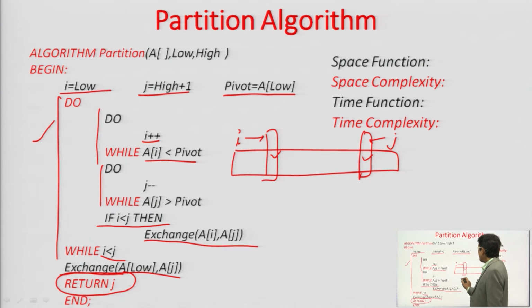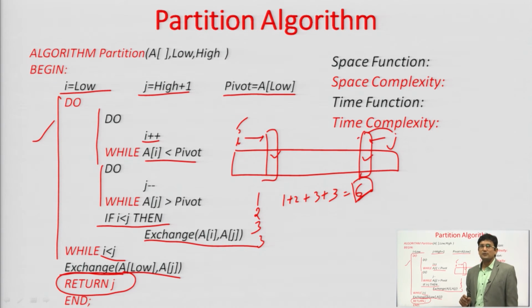It means increment of i is one operation, decrement of j is the second operation, comparison between i and j is the third operation, after which we will be exchanging these two elements, which will require 3 statements. So, 1 plus 2 plus 3 and 3 statements for exchange. So, a total of 6 statements are required for shifting this i towards the right and shifting this j towards the left.